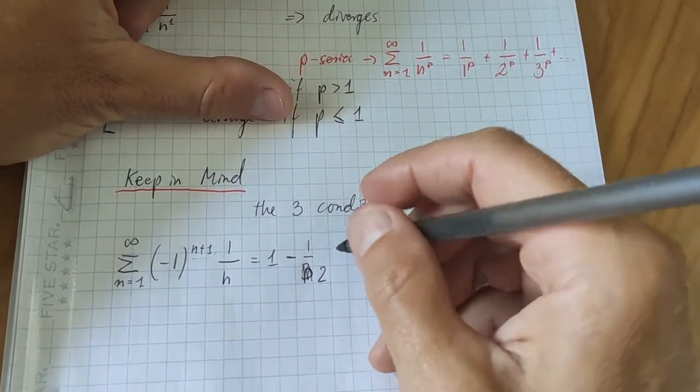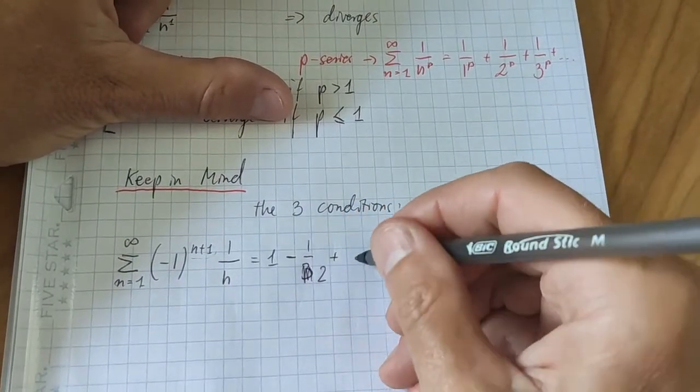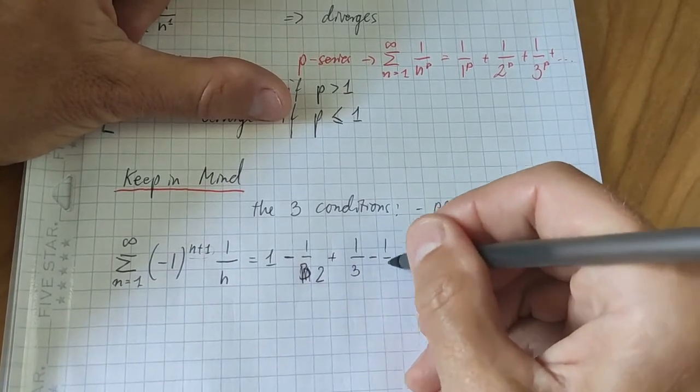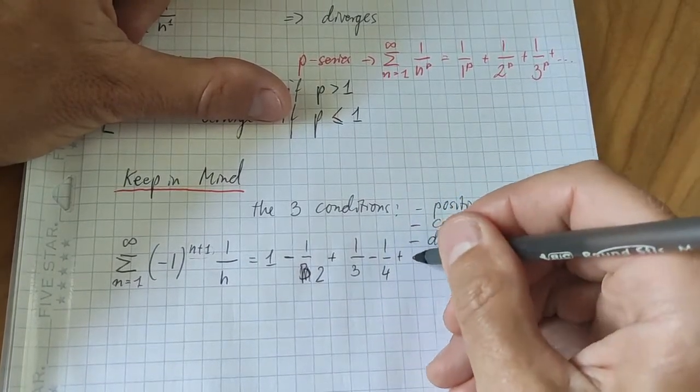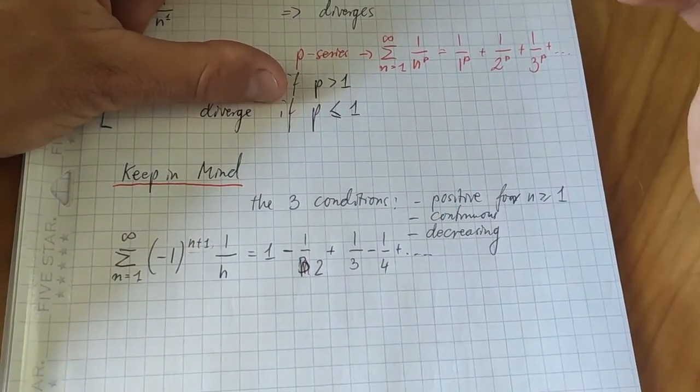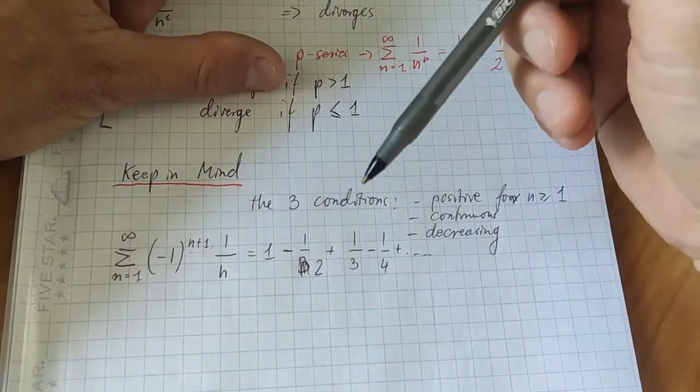For n equal 3, this will be positive 1/3. And then minus 1/4. So you can see that not all terms, or the values of the function, are positive.